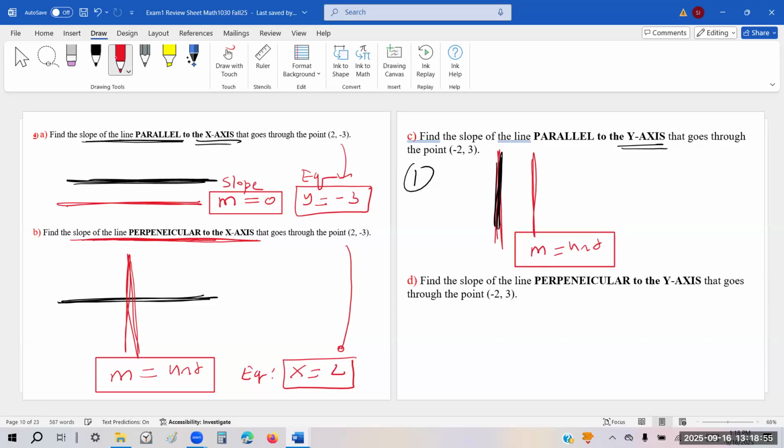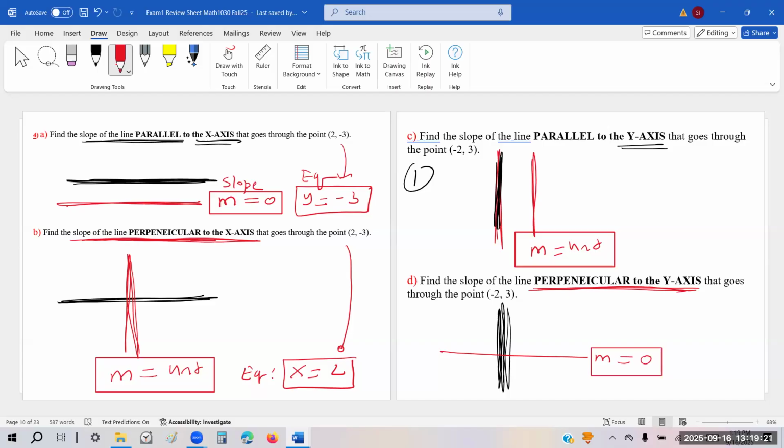Undefined. The last one is asking the same thing, but this time perpendicular to the y-axis. So again, you draw your y-axis. And what type of line do we have perpendicular to the y-axis? Horizontal. So what's the slope of any horizontal line? 0.